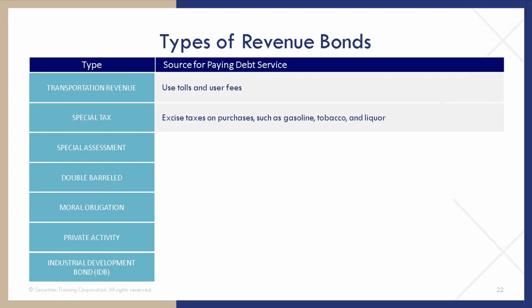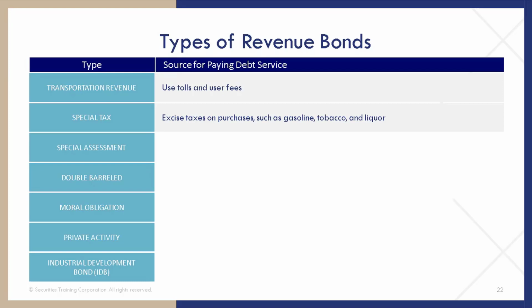So a municipality might issue bonds to repair roads within the municipality, and what they're going to use to pay off the bonds is the gasoline excise tax that the state has.